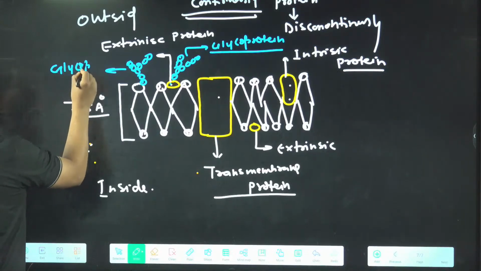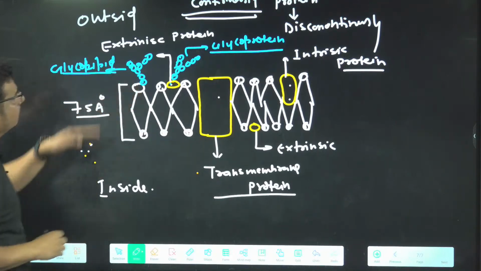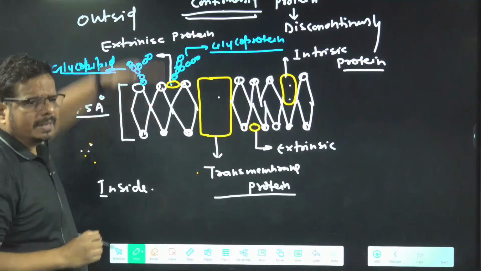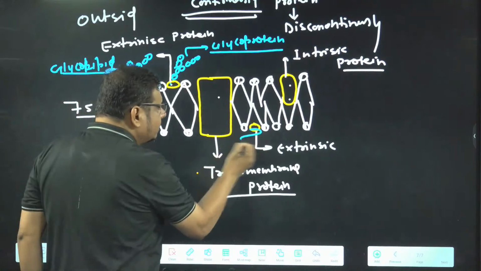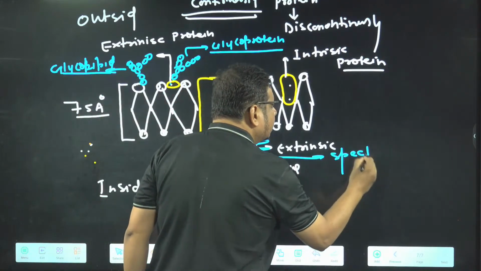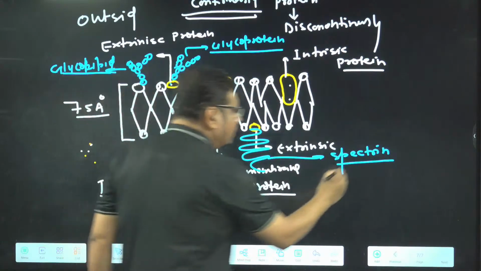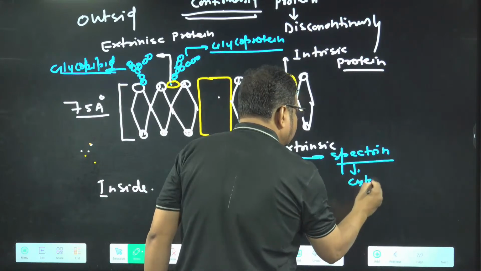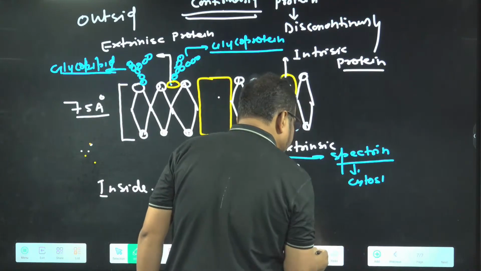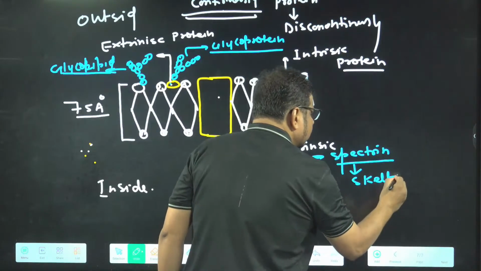These glycoprotein and glycolipid are present only toward the outer side of the membrane. Toward the inner side of the membrane, another protein is present, called spectrin. It acts as a cytoskeleton and performs a skeletal, supporting role.